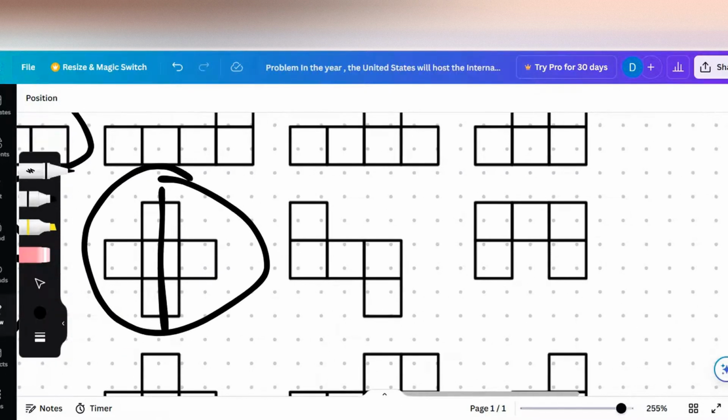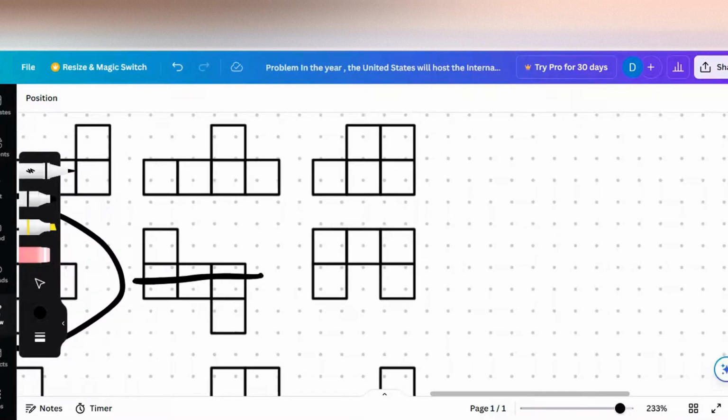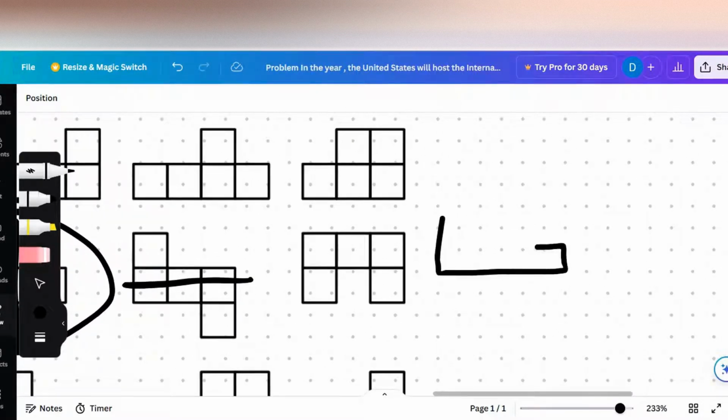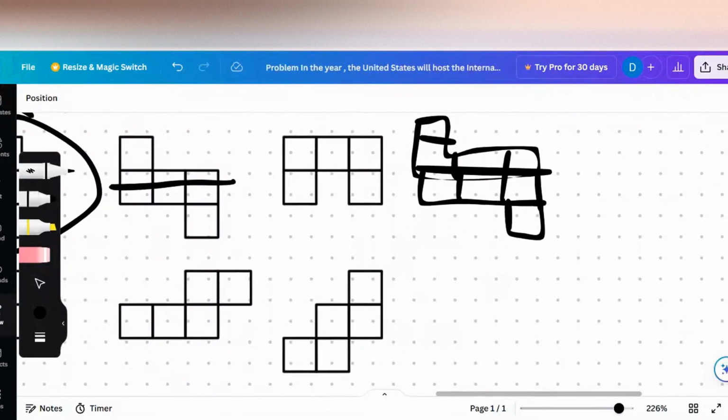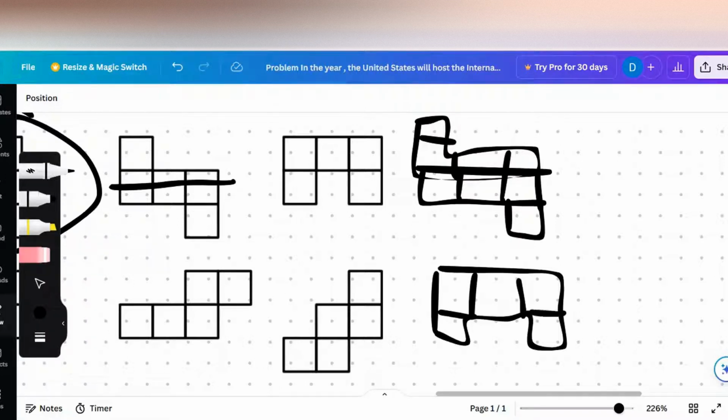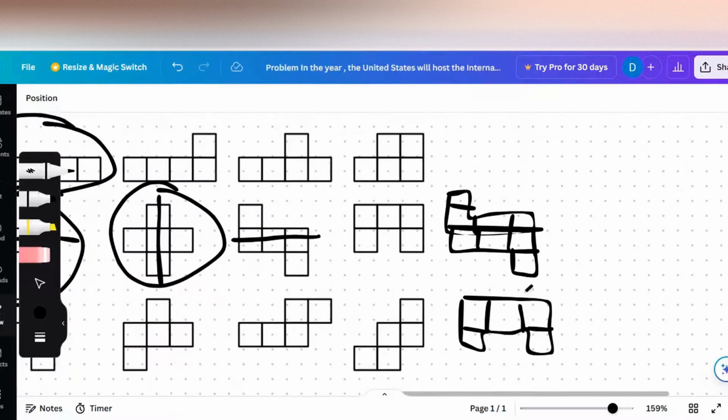This one, however, trips people up, because if we divide it in half, yes, they're equal parts, but they're not symmetric because we cannot fold it over without overlapping. So it would kind of look like this, and if we fold it over, it would just look like this. And that's overlapping.